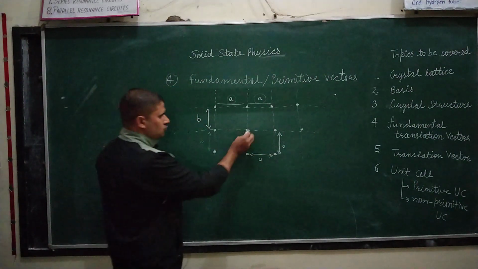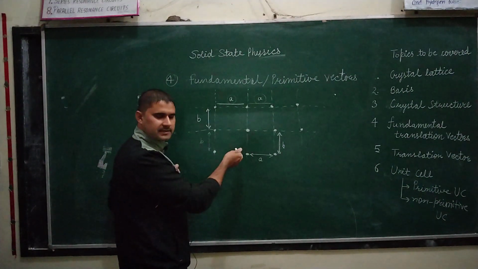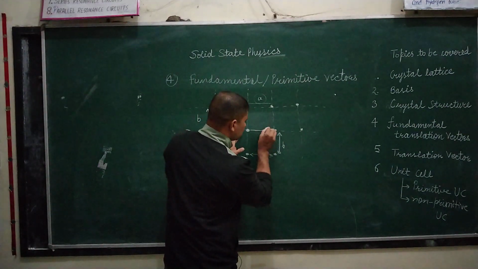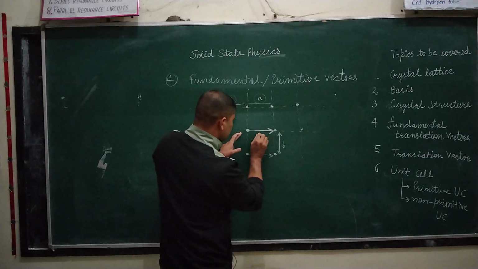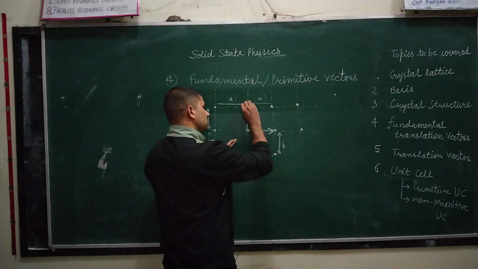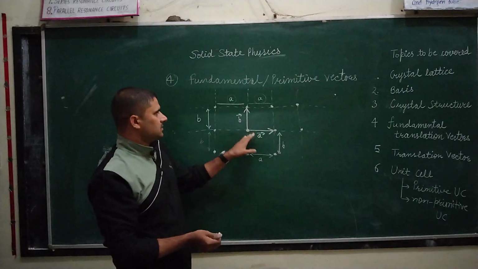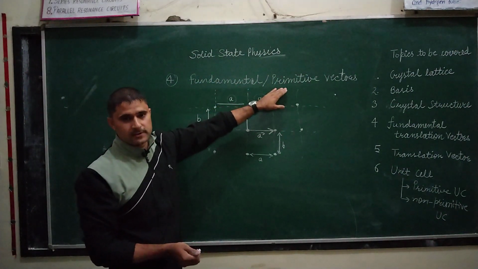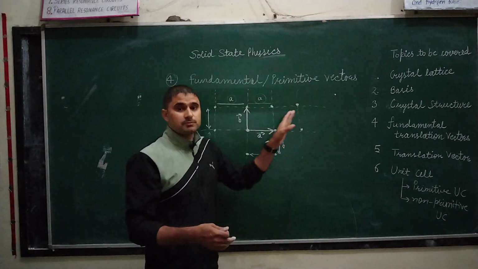So if I choose this point to be the point of observation, or I can say this is the origin, and along this particular direction I take this vector, the vector a, and this vector, the vector b, then vectors a and b, these are primitive fundamental vectors, from which you can take the idea of any lattice point.